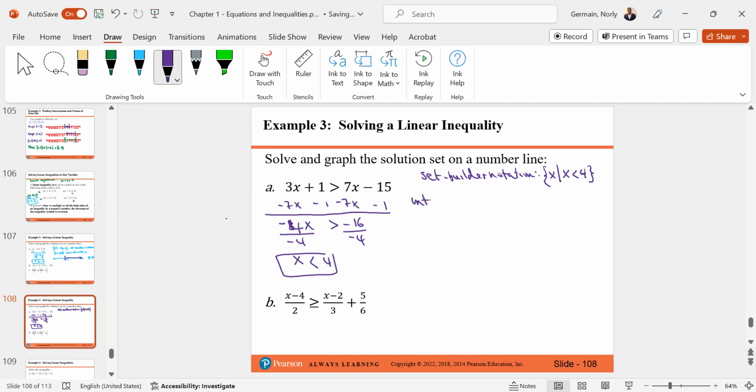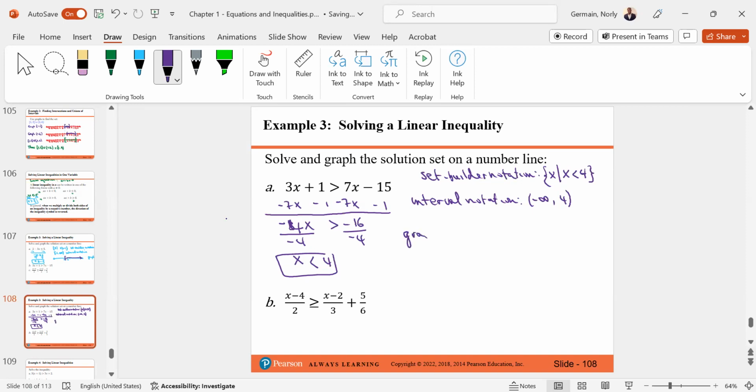Interval notation tells you you're less than 4, so you come from negative infinity and open on 4. We use parentheses because 4 is not included.